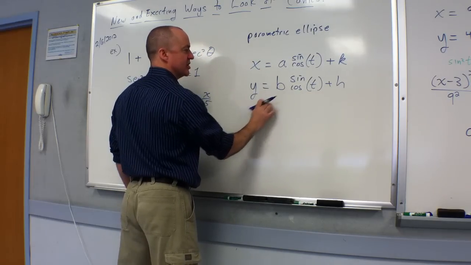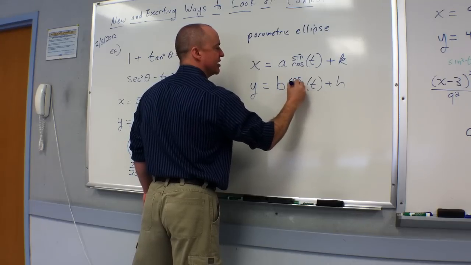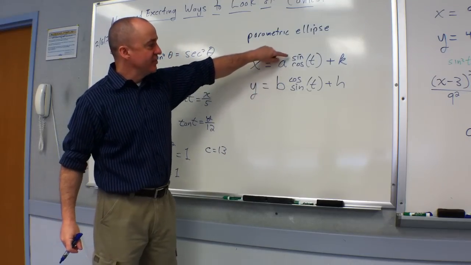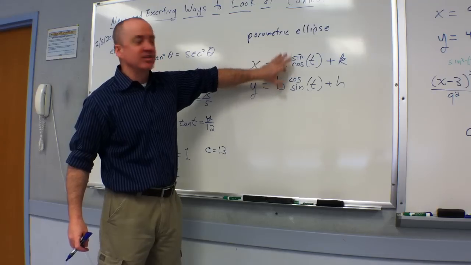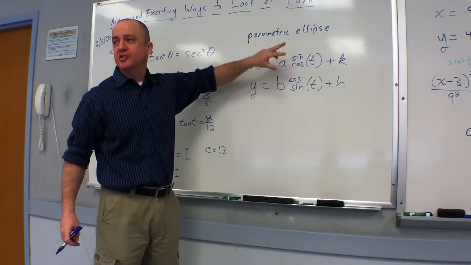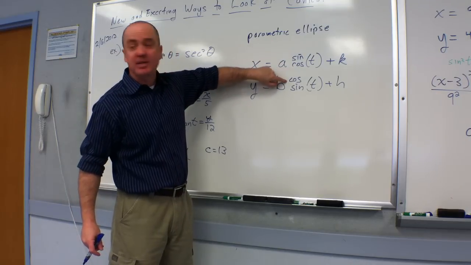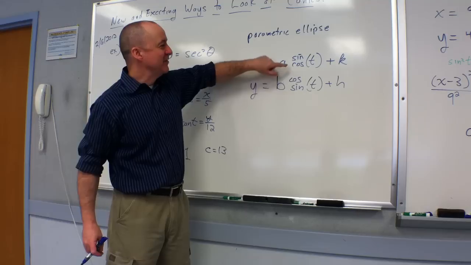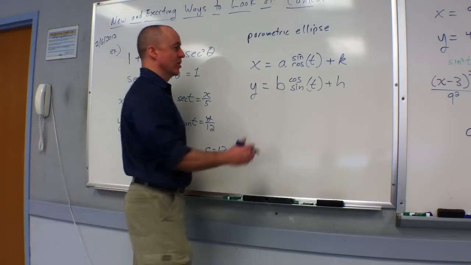These parametric equations, let me write it this way. I'm going to write the cosine over the sine. If it's cosine here, it has to be sine here, and if it's sine here, it has to be cosine here. There's no fraction bar; this is sine or cosine, like plus or minus.